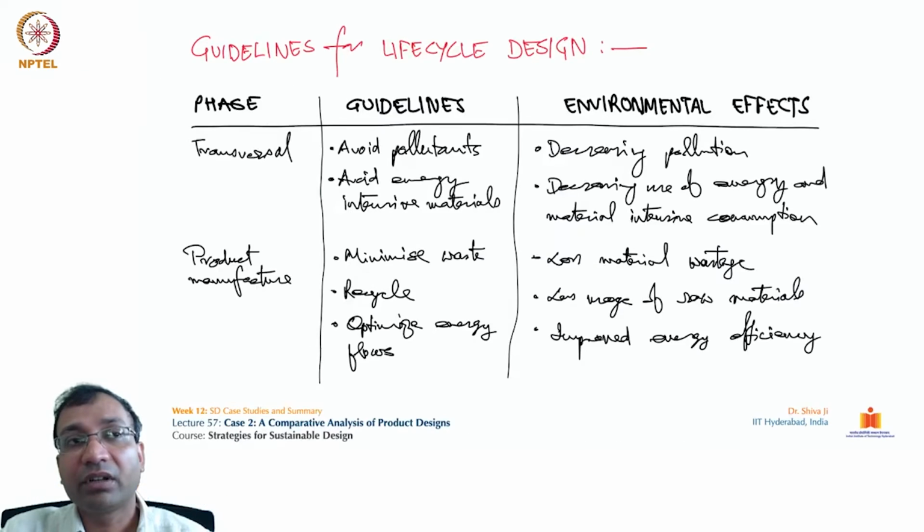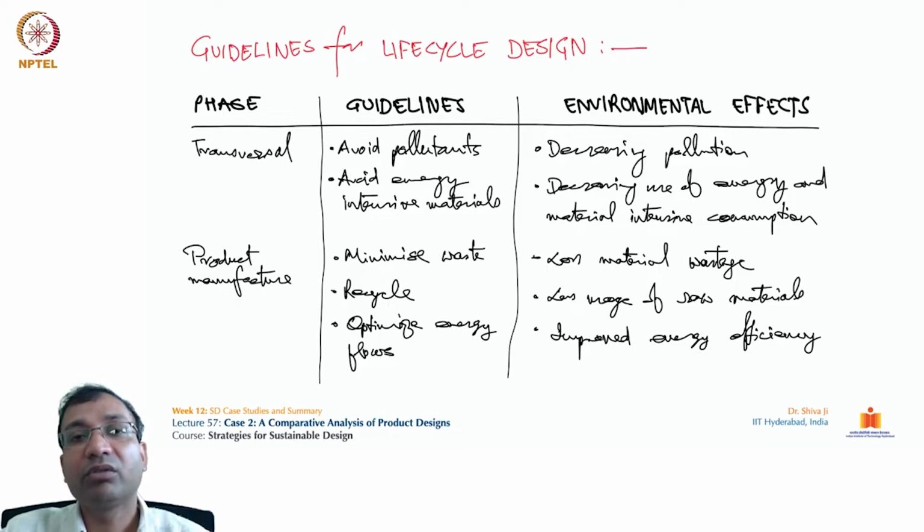So from here on we will discuss some life cycle design strategies on a transversal product manufacturing level, product use level. So these are guidelines given over here. We have discussed this in the lecture on life cycle analysis, but I have kept it here again because we are going to discuss some product examples.